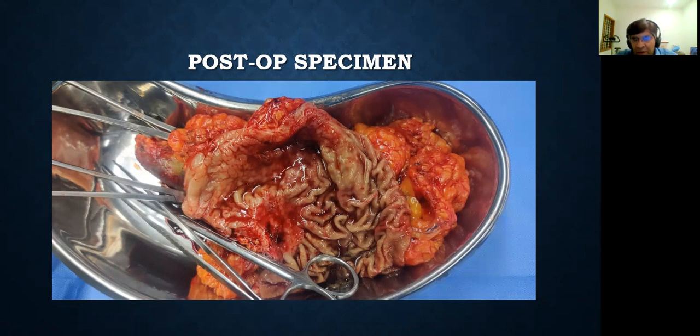What makes it inoperable? Sir, inoperability is peritoneal mets, liver mets, ascites, and spread to adjacent organs like, as I mentioned, pancreas, transverse colon, or spleen. Fixity to transverse colon does not make it inoperable because you can resect it along with it.